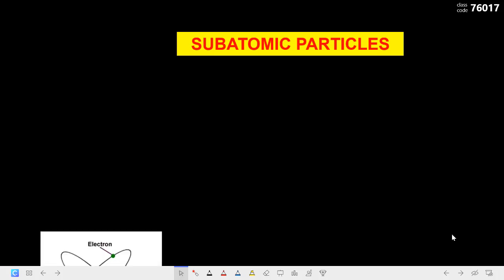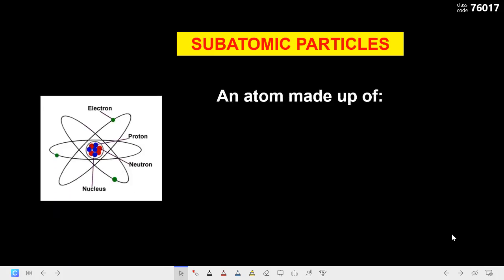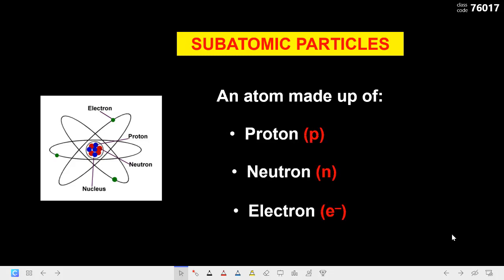subatomic particles. An atom is made up of proton, neutron, and electron. Jadi setiap atom mempunyai subatomic particles, which is proton, neutron, and electron.